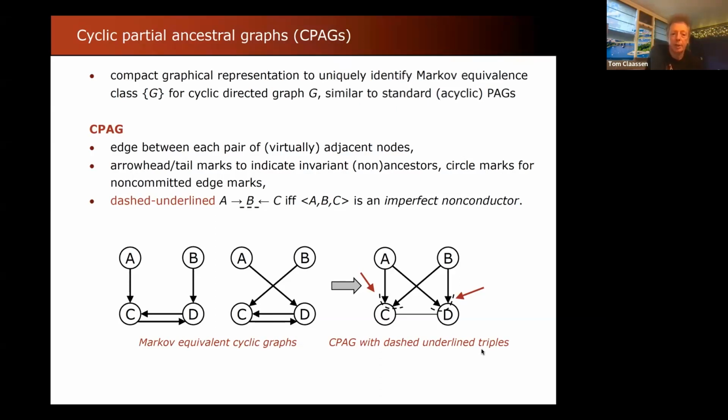If you don't know or can't tell, then we still include the circle marks. This is all very familiar from the standard PAGs, but then there's one added bonus. This is the dashed underline that is needed to identify certain imperfect non-conductors. In the two little graphs on the bottom left, they're both Markov equivalent. They both correspond to the same CPAG on the right. And you see the dashed underlines at these V structures to indicate that they look like V structures, but they behave differently.